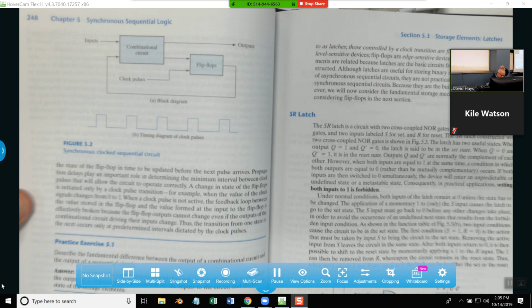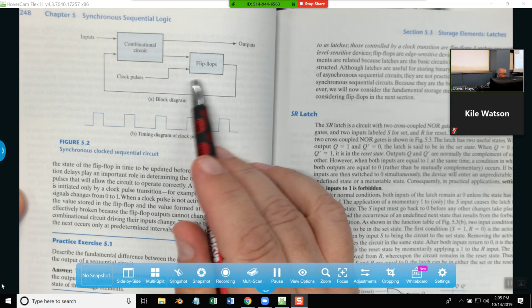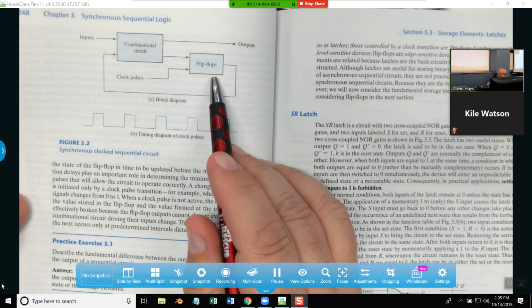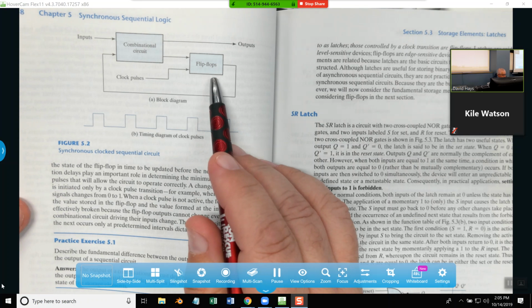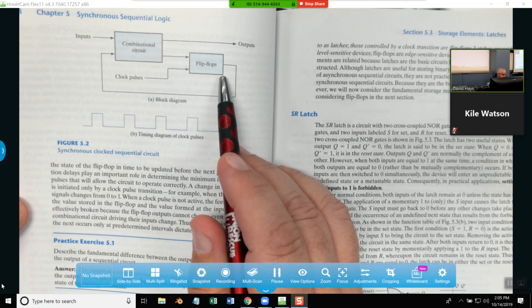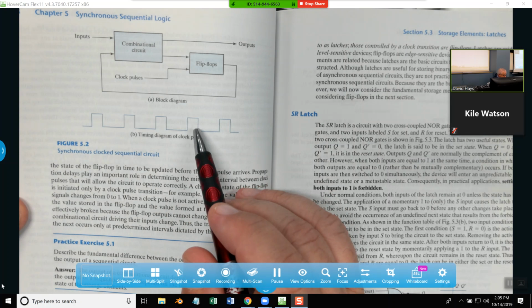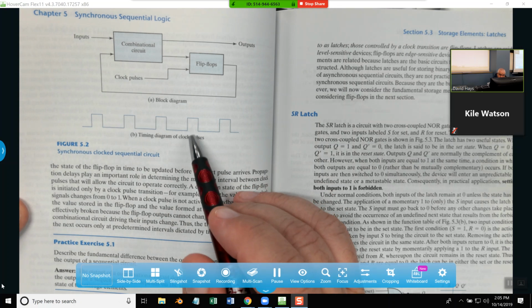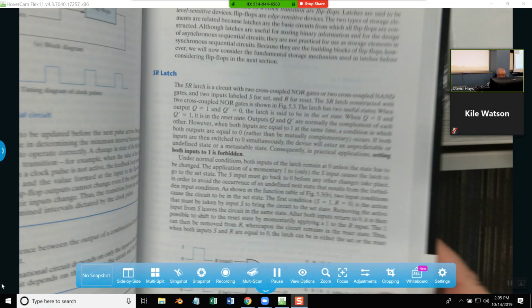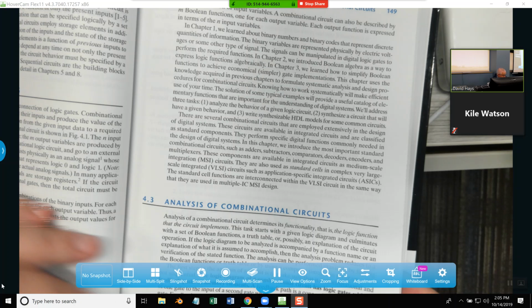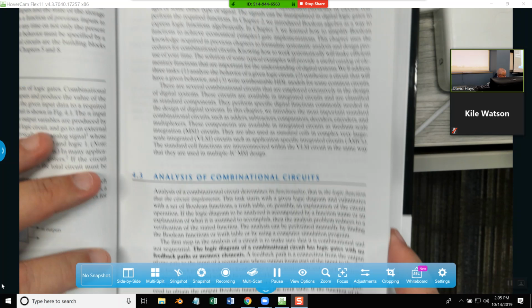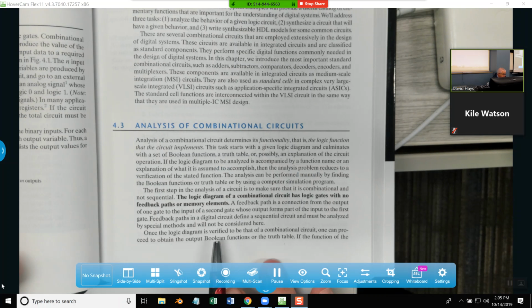Does that make sense, the difference between the two? Okay. Yeah, the words here don't really show it, but if you see a picture, then it's, oh yeah, okay, I see it. It feeds back in and uses some kind of memory element.